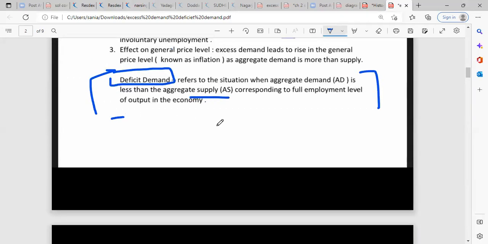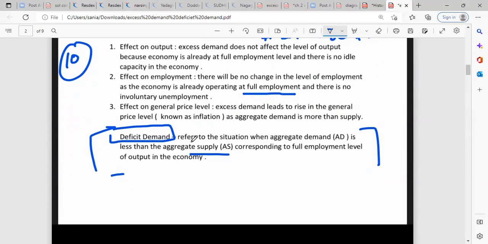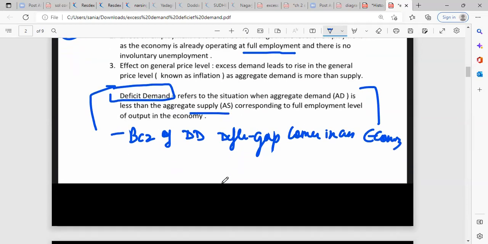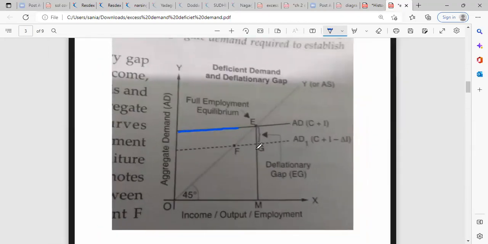You will write one more thing over here: because of DD, deflationary gap comes in an economy. DD means deficit demand. Because of the deficit demand, deflationary gap comes in an economy, and then you will draw this diagram.